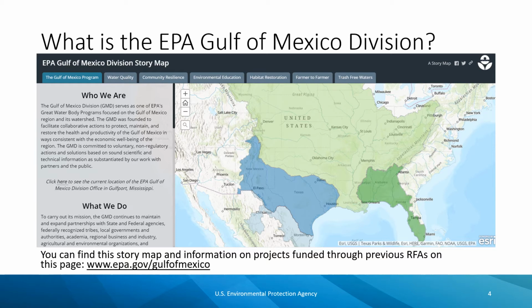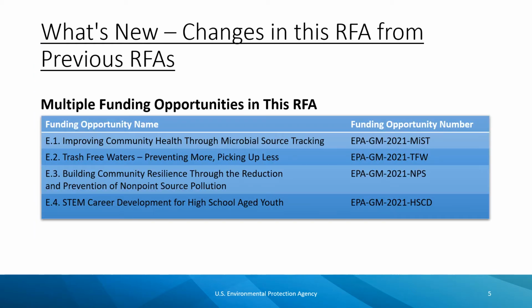So what's new with this RFA? If you're familiar with other funding opportunities from GMD, you will notice that this one is a little bit different. This RFA has 4 funding opportunities within it.